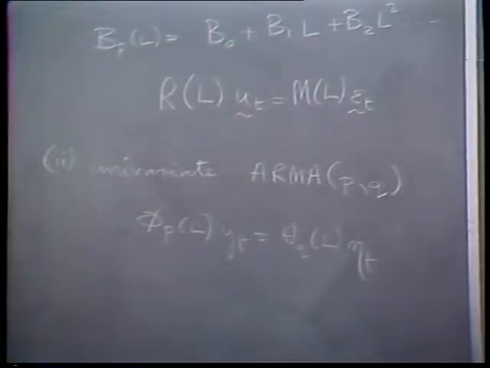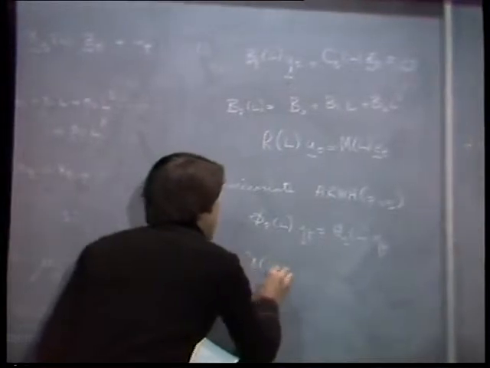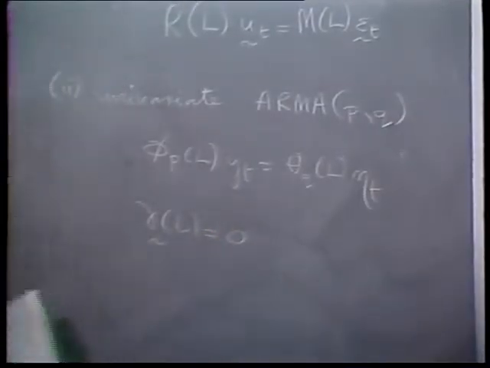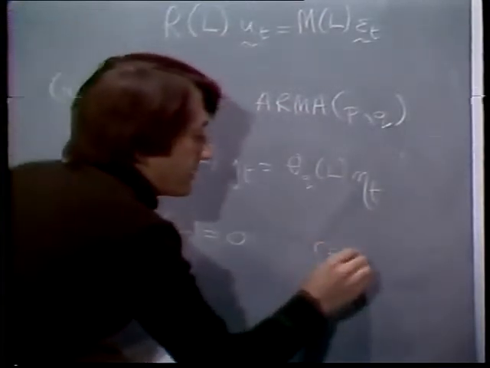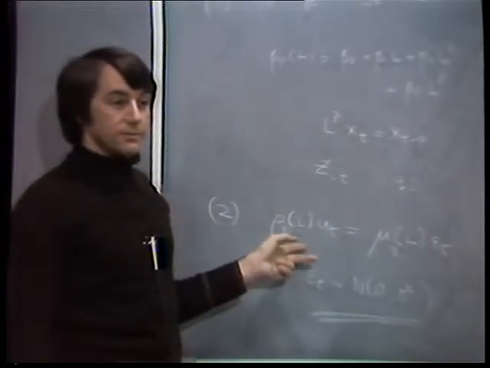But certainly it's Box and Jenkins who've made it as popular as it is at the moment. And this would be a model contained within this general set where we're setting the vector polynomial gamma of L equal to 0. And we can also say that we're in fact setting R equal to 0, so we're removing this autoregressive component.